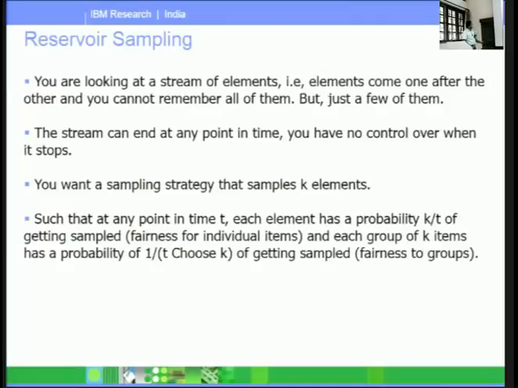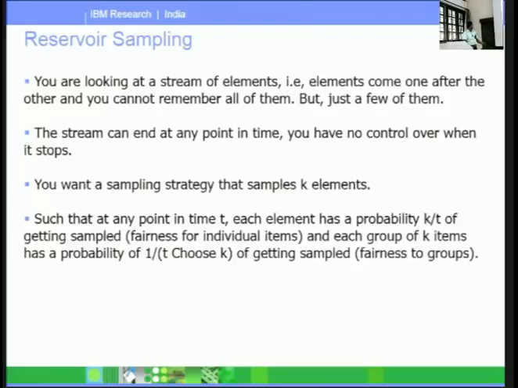But since this is a stream, when you have seen the first k elements, you will have all those k elements in the sample, correct? And as you proceed, I want you to just maintain a sample of size k only. So what are the kind of properties you would want from a sample like that on an ongoing basis?